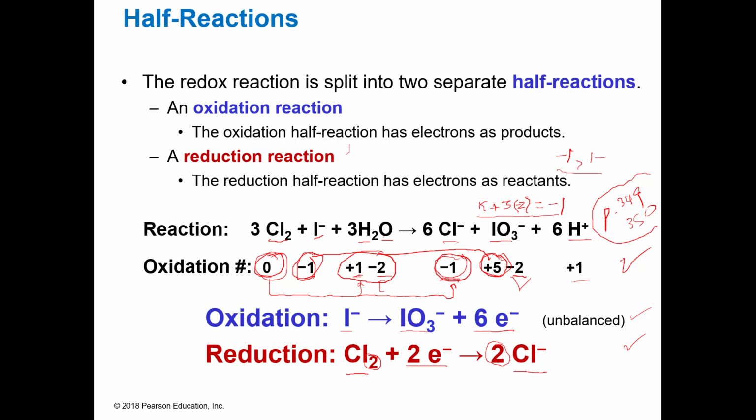Fourth step, identify what's being reduced. And you get how many electrons are lost in the oxidation by looking at the change from -1 for the iodide ion to a +5 for the iodine in the iodate ion. And then the reduction of chlorine, 0 oxidation state to a -1 oxidation state.